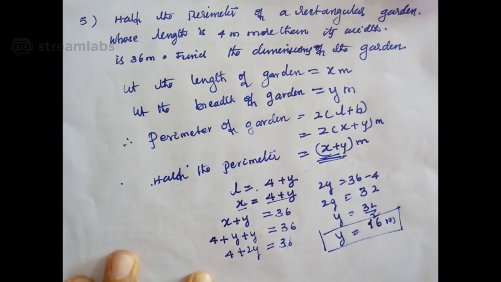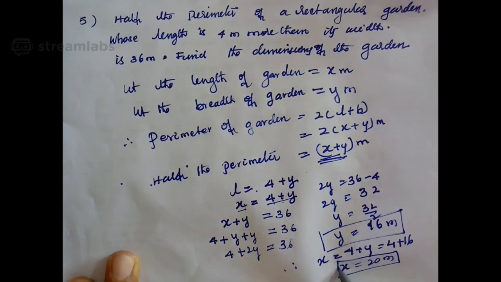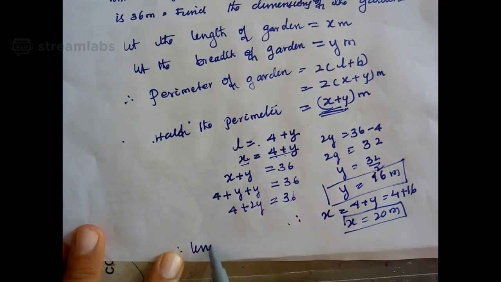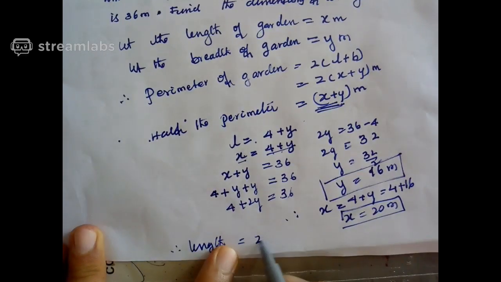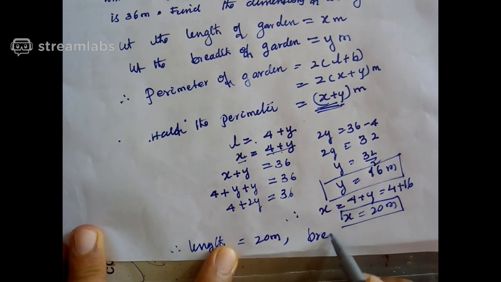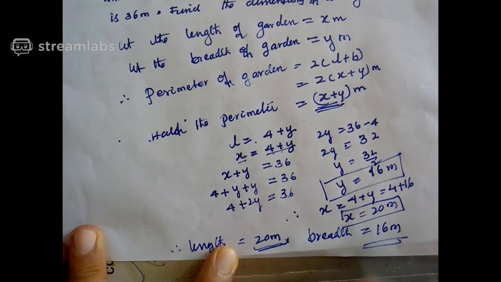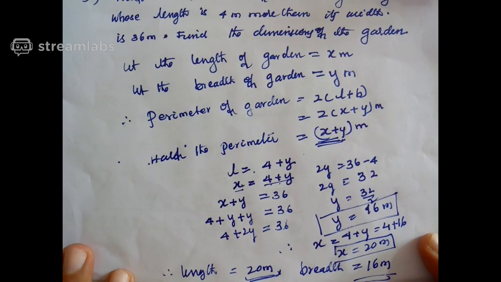Therefore, what is x? x is 4 plus y, that is 4 plus 16, and x is 20 meter. Therefore, length and breadth of rectangular garden: length is x, it is 20 meter, and breadth is y, that is 16 meter. This is the dimensions of the rectangular garden. Take down this.